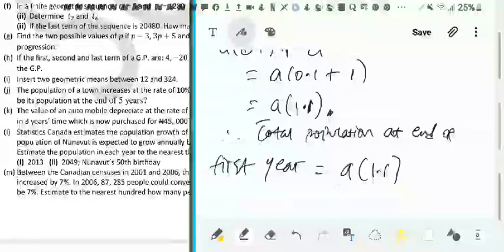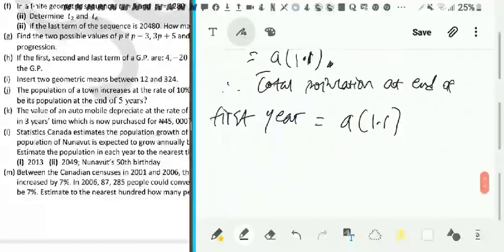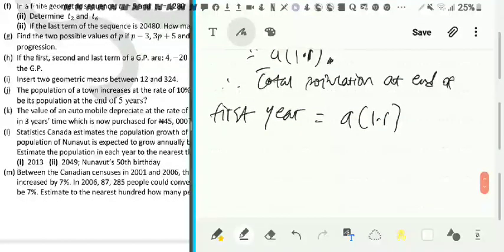You can test it out. You know A is 200,000. So multiply 200,000 times 1.1. You should be getting 220,000. Okay? So just follow our modeling. You get 220,000 when you do that. I hope we're following this carefully.